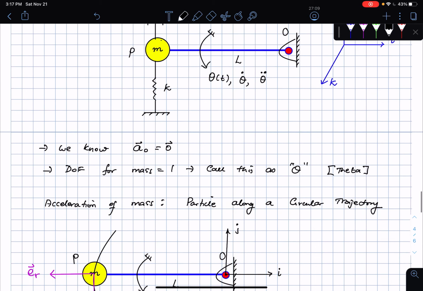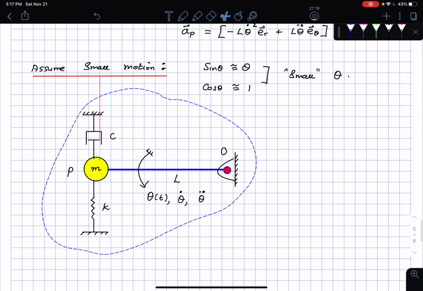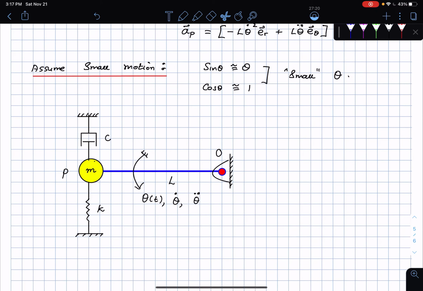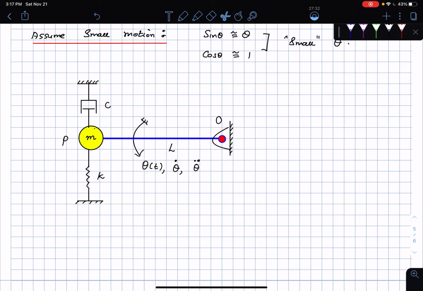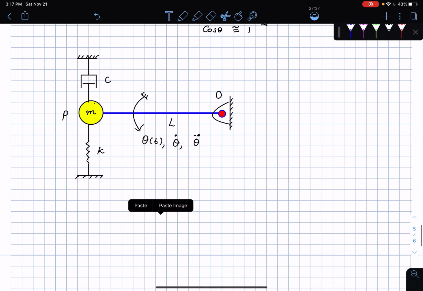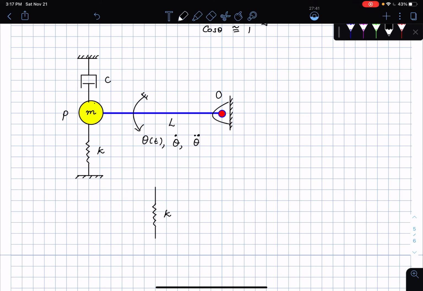If I bring my spring mass damper system down here, so if I copy that, and look at the spring, this is theta of t, which is expressed here. If the displacements are very small, then if I copy that spring and draw its free body diagram, the displacement of the end of the spring is in the following direction.